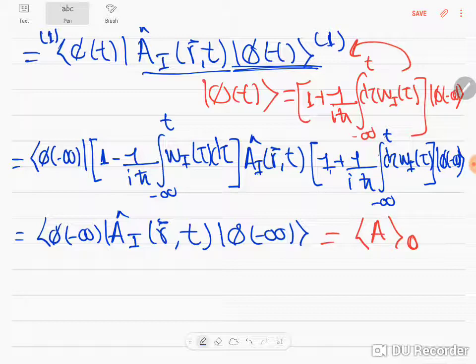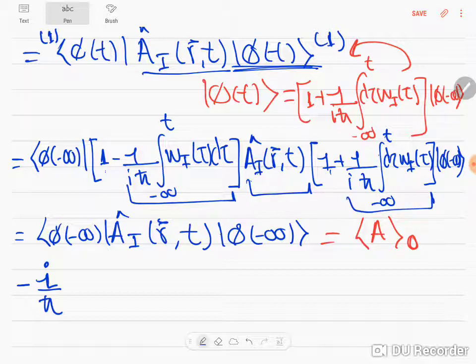I'm not going to consider the quadratic term, which is what would happen if I multiplied this term by this operator and then by this other term.